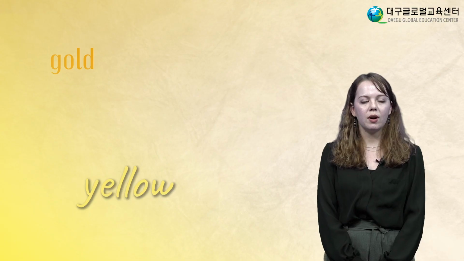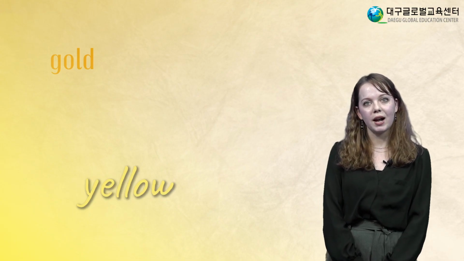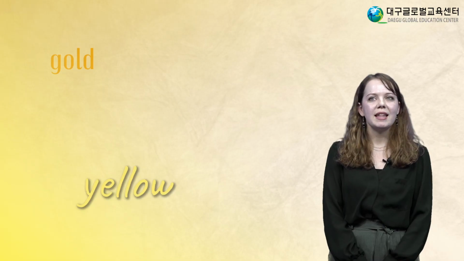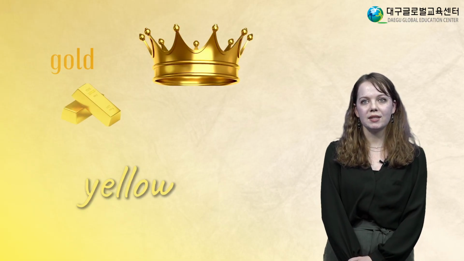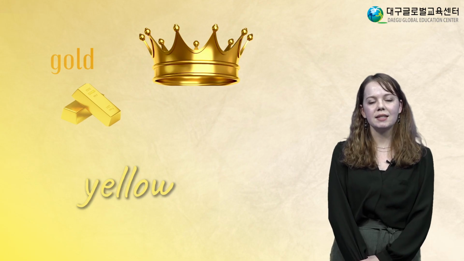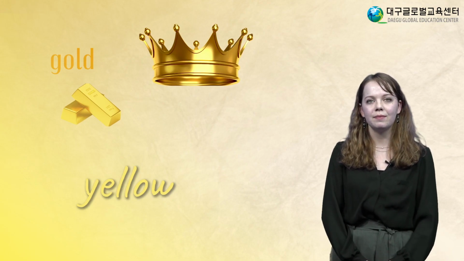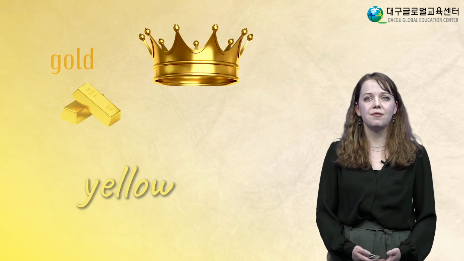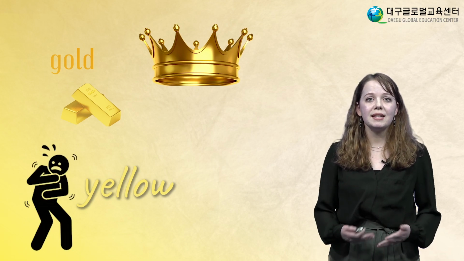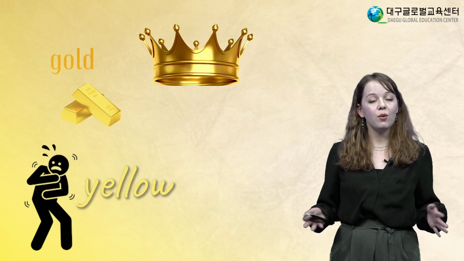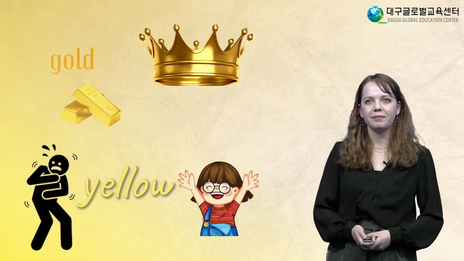Gold and yellow are similar colors, so the meanings are similar too, right? No, they have different meanings. Gold means royalty. Kings and queens wear golden crowns, jewelry, and accessories. Yellow means fear. Characters who wear yellow are really scared of everything, or they're really happy, cheerful characters.